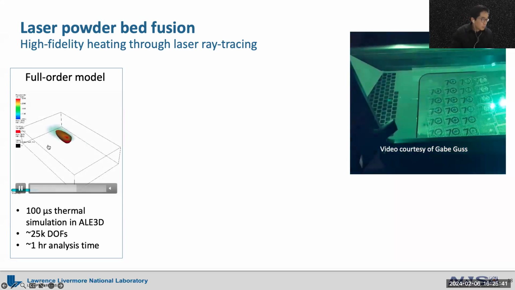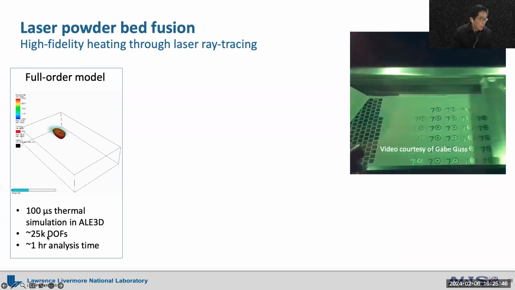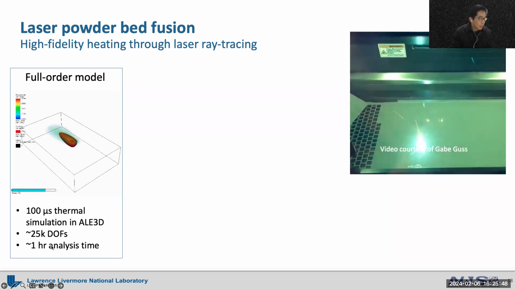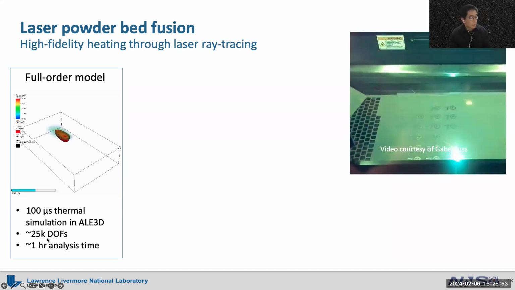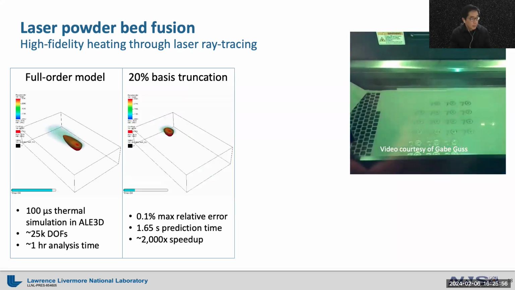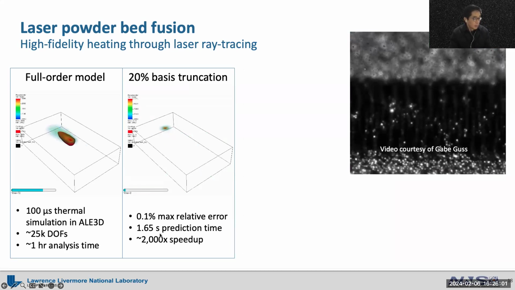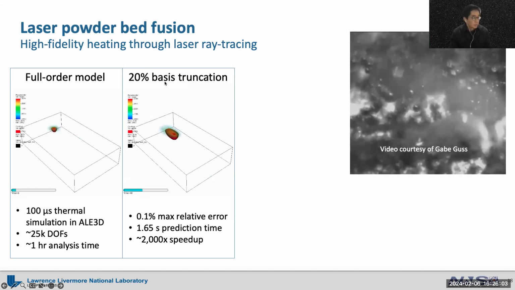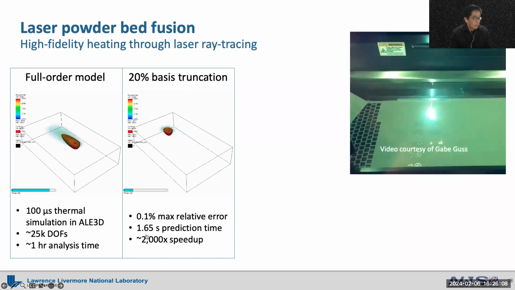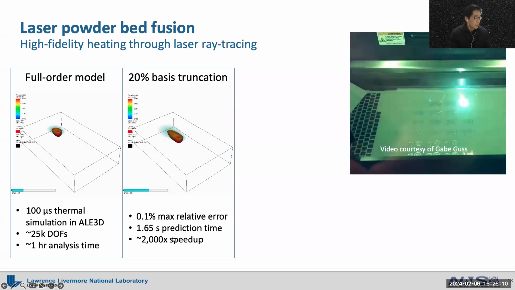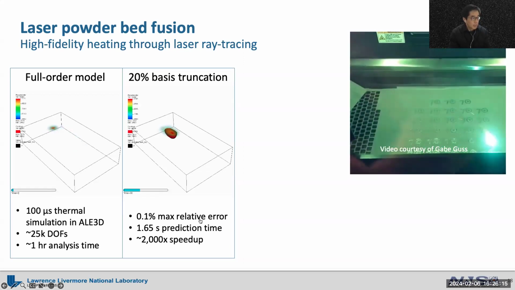This simple 3D printing process simulation model takes just 1 hour for one full order simulation, which is not bad, with 25,000 degrees of freedom. If you apply the DMD, dynamic mode decomposition, using 20% of the basis truncation in your SVD, you can achieve a 2,000 times speedup already with a 0.1% maximum relative error, which is not bad.